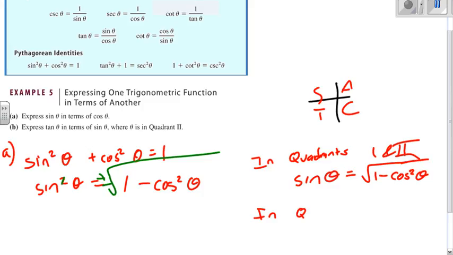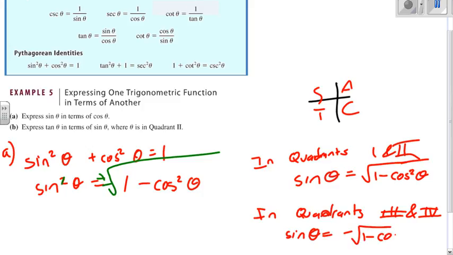And then in quadrants 3 and 4, sine would be negative, so sine is negative square root of 1 minus cosine squared.